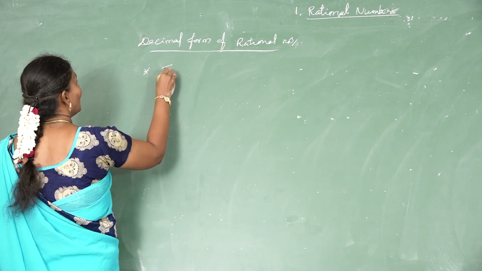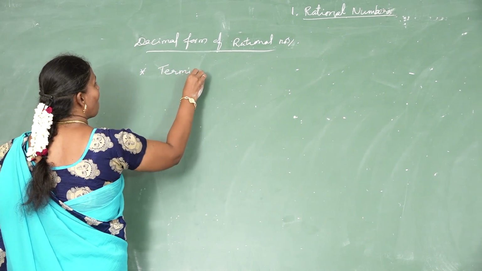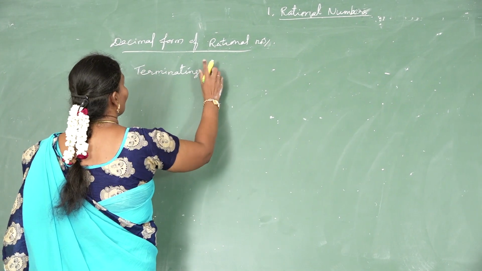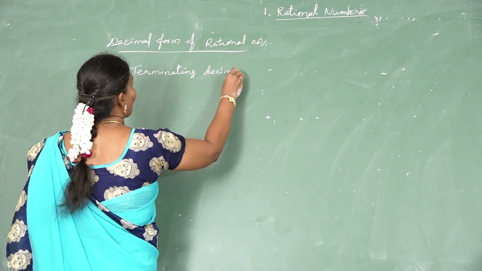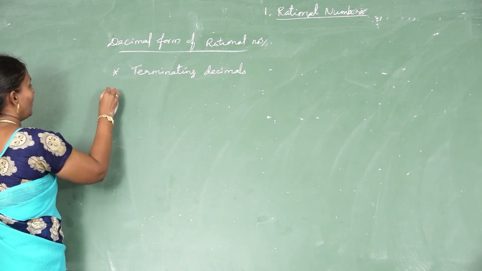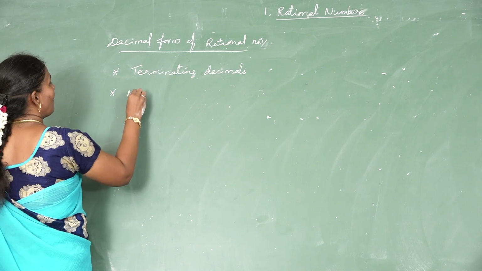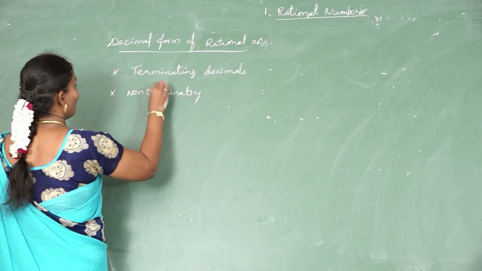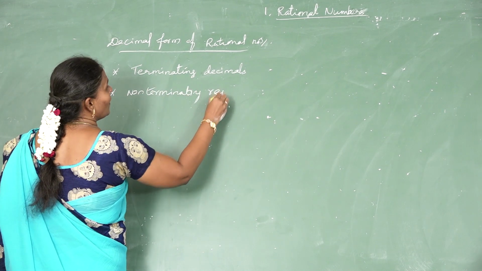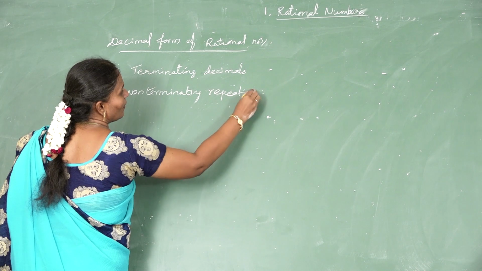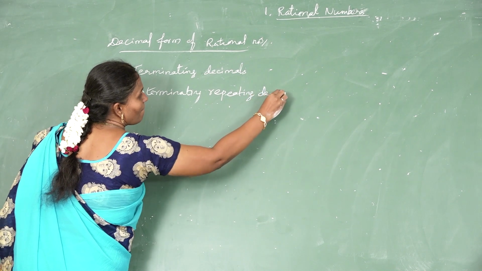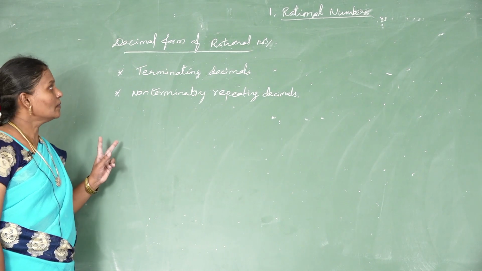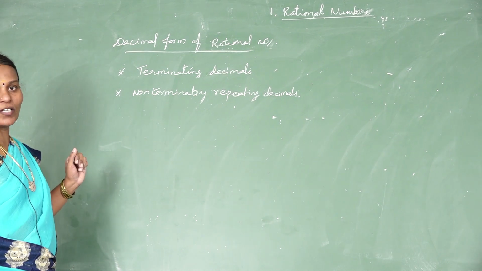The one is terminating decimals and another one is non-terminating repeating decimals. Okay, so two forms of decimal numbers in rational numbers.